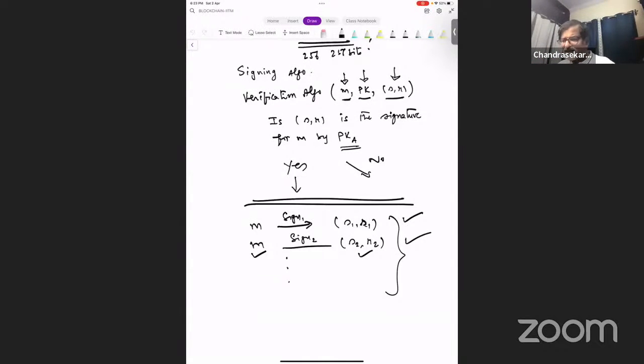Trillions and trillions of messages can be there. Still, you will not find a collision. Trillions, I'm telling you. Even then, you will not find a collision. Therefore, you see that H of M works. It's like a fingerprint. That's why it is called digital fingerprint.